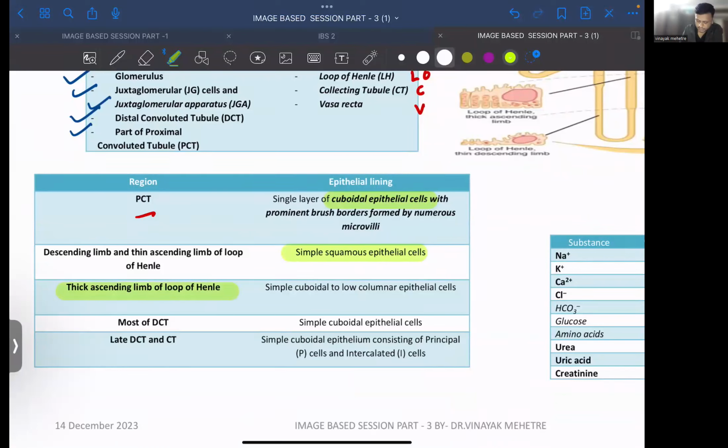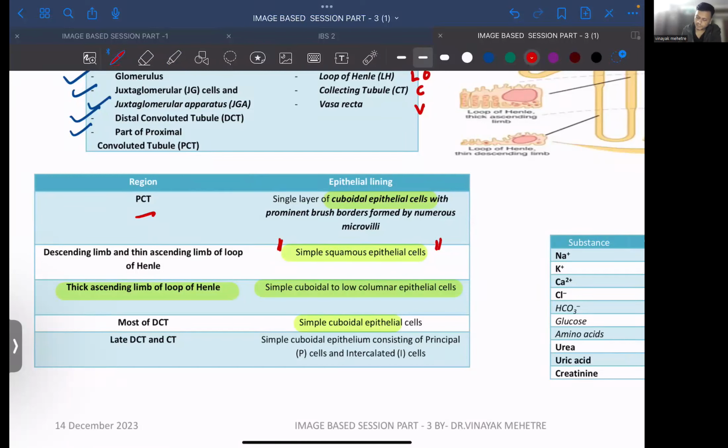Thick ascending has simple cuboidal epithelial cells, and most of the DCT also has cuboidal cells. What you need to remember is that all parts have cuboidal epithelial cells except the thin limb, which is simple squamous epithelial cells. If you remember this, it is very easy.